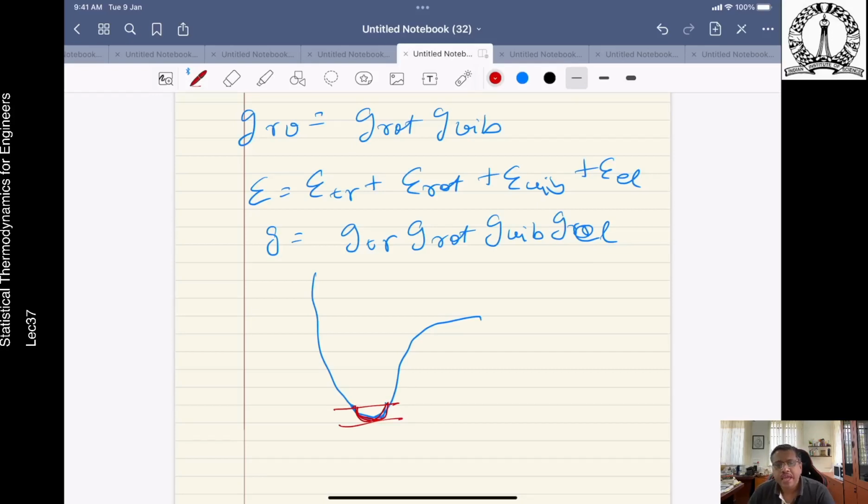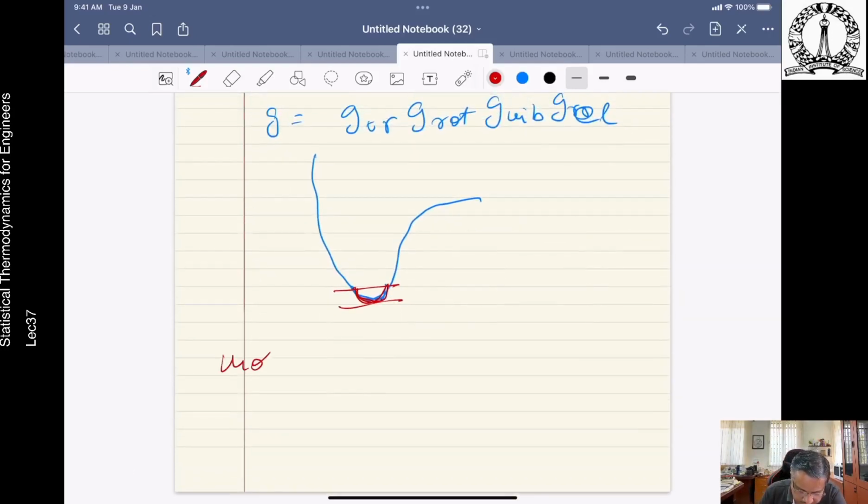Armed with this, we then wrote the total energy, or the molecular internal energy, in terms of the wave number.